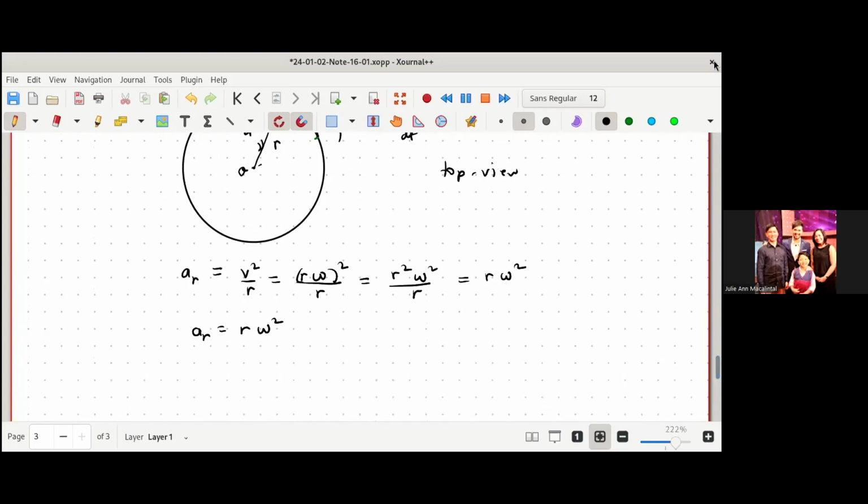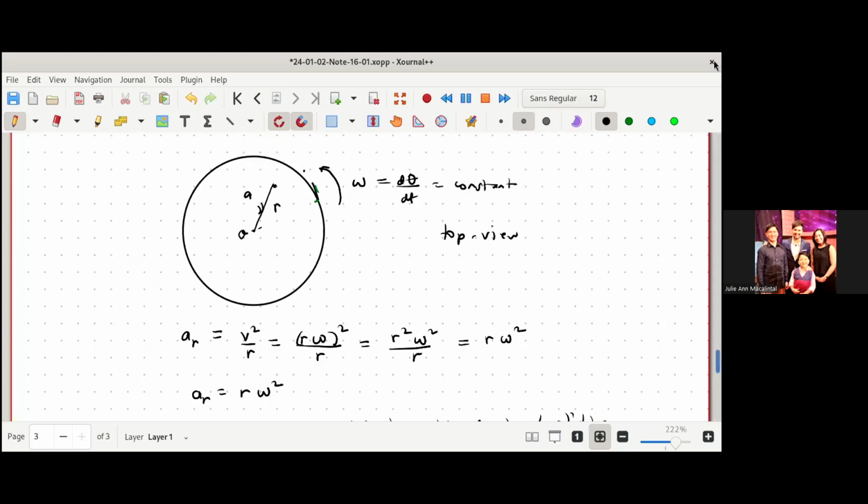Ngayon, tingnan, ang problem dito ay at what angular velocity or angular speed will the object start sliding. So, same analysis. Ang mangyayari lang, instead of dealing with v, you're dealing with omega.